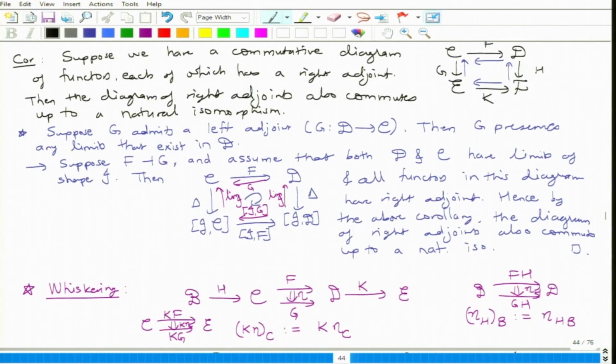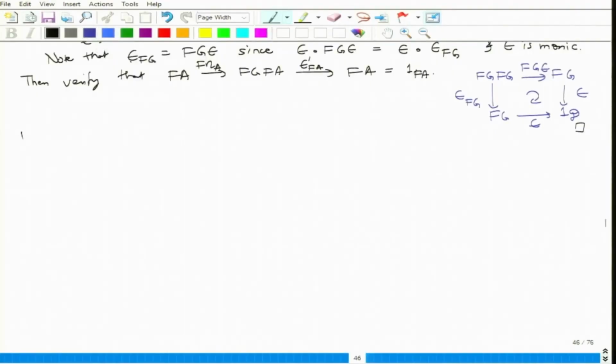But when I say any, I literally mean any. If it has large limits, then also this same theorem will work. And therefore, the simplest possible version of the adjoint functor theorem, okay, so let me write it. Primeval adjoint functor theorem.